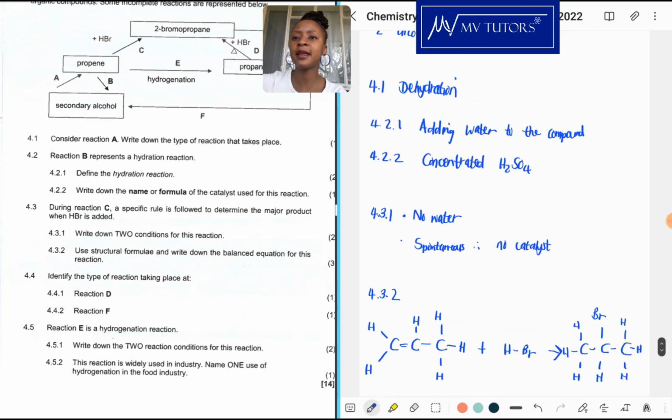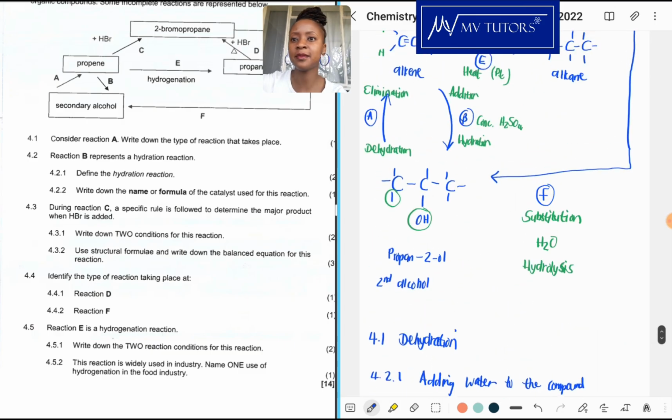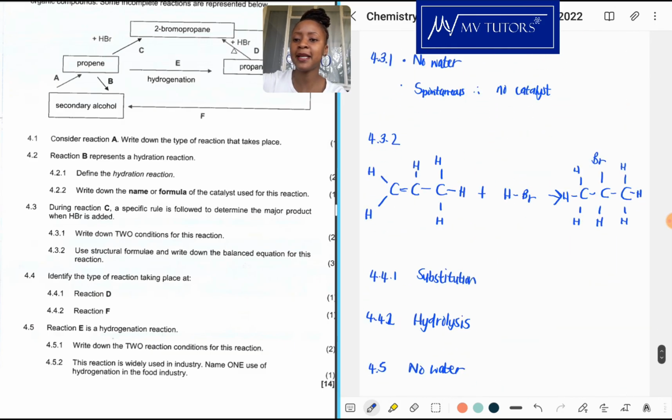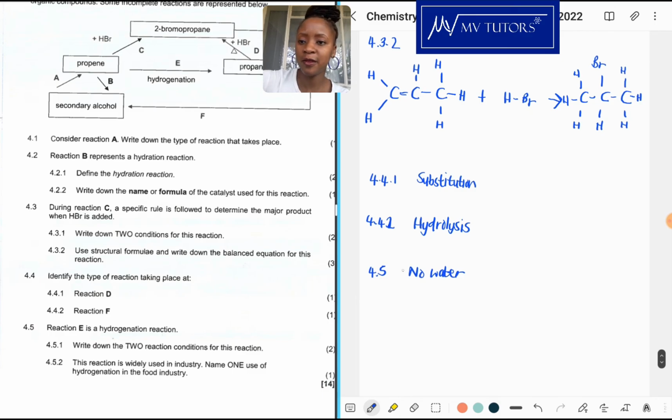You need a catalyst, platinum. Yes, heat and platinum. So firstly, no water, and then heat, or you can indicate it. I don't know if they allow you just to put the enthalpy, but you need heat and platinum as your catalyst. Okay, that is 4.5.1.